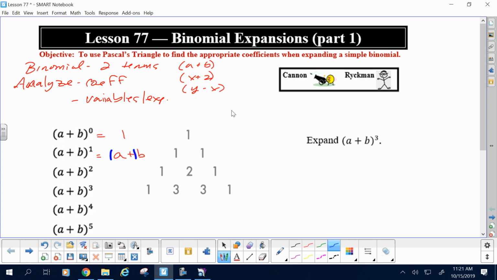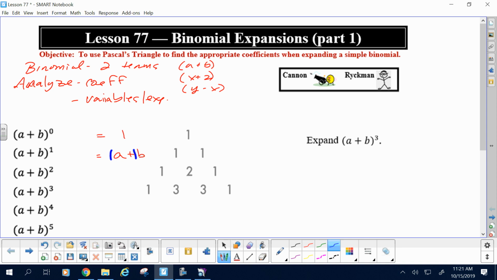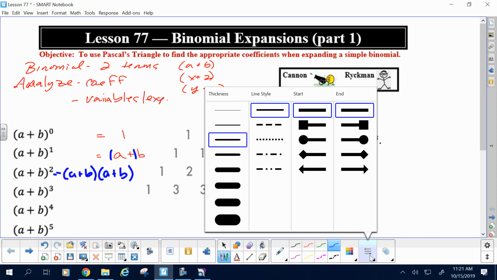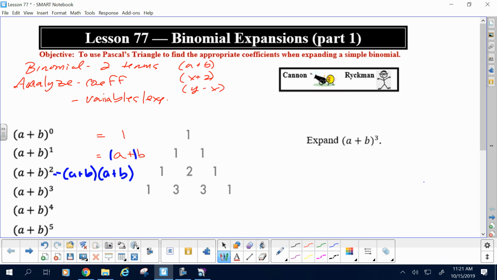Now let's go to a plus b all squared. Isn't it a plus b times a plus b? When I multiply that out, what do I get? A squared. Okay, I'm with you.